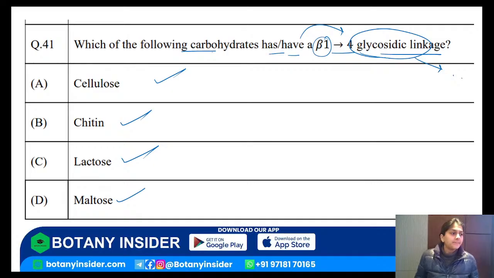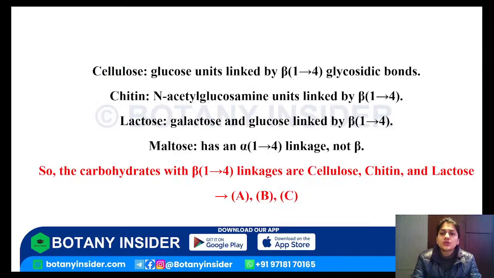Okay. Mark the answer for this particular question, everyone. Which of the following carbohydrates has or have beta 1,4 glycosidic linkage? Cellulose has glucose linked in beta 1,4 glycosidic linkage. Chitin has beta 1,4.